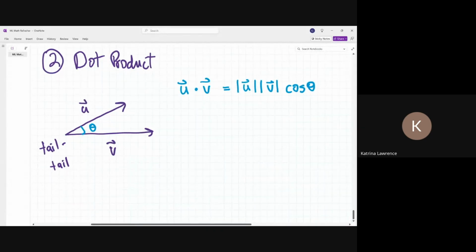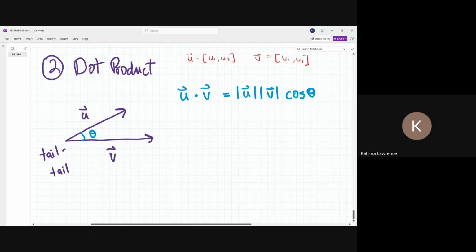Okay, so for the second notation, we need a bit more information here. Say we have our vector u equals u1, u2, and our vector v here equals v1, v2. If we do our second definition for dot product, we have that u dot v equals u1 v1 plus u2 v2.